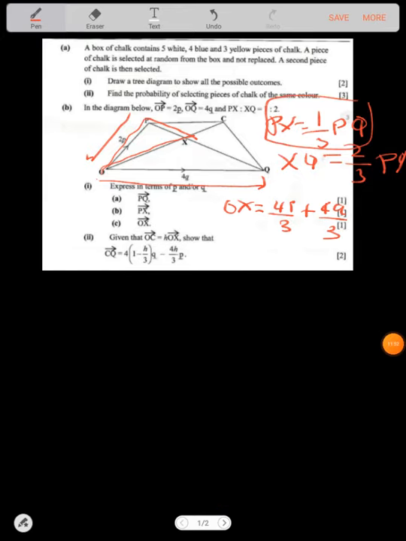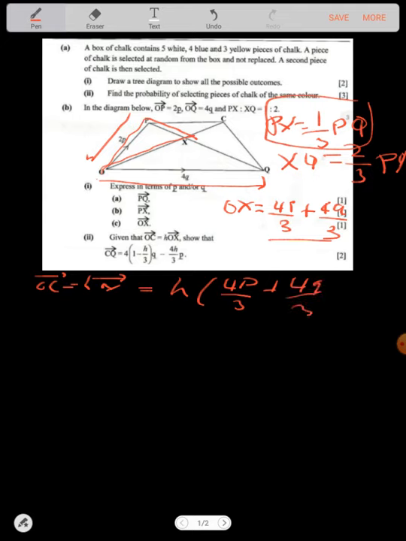And we have part 2 that says, given that OC is equal to h OX. Now h is there, then OX is what we found there, which is 4P over 3 plus 4Q over 3. Then when we expand or distribute h throughout, we are going to have 4hP over 3 plus 4hQ over 3.